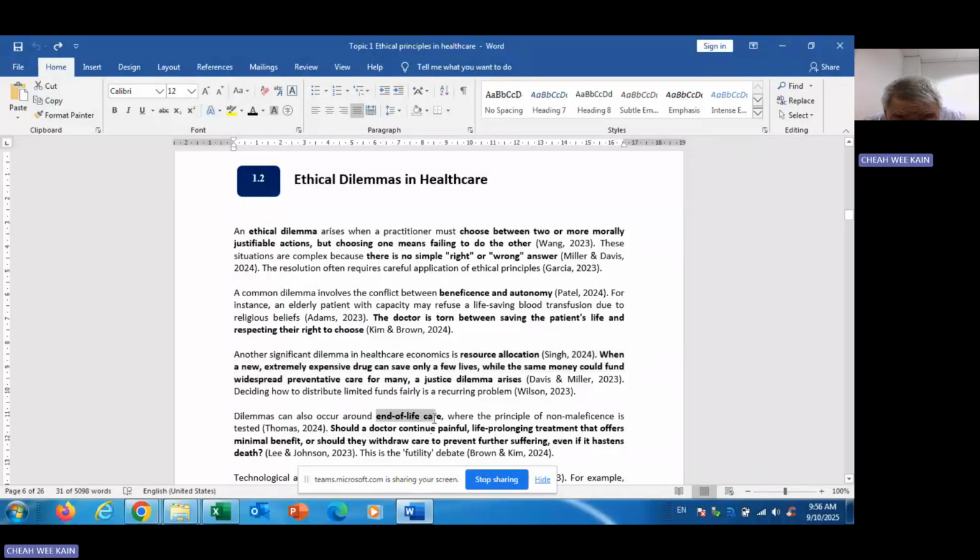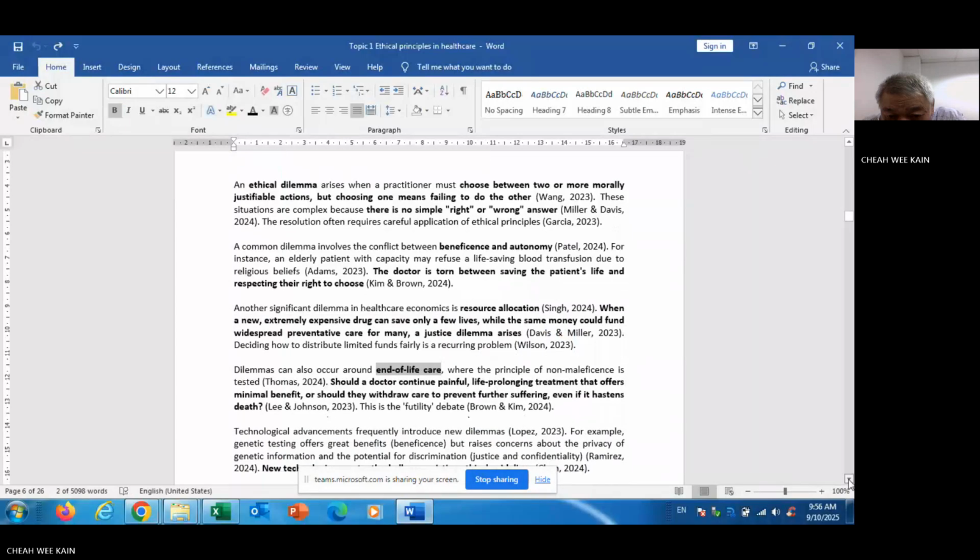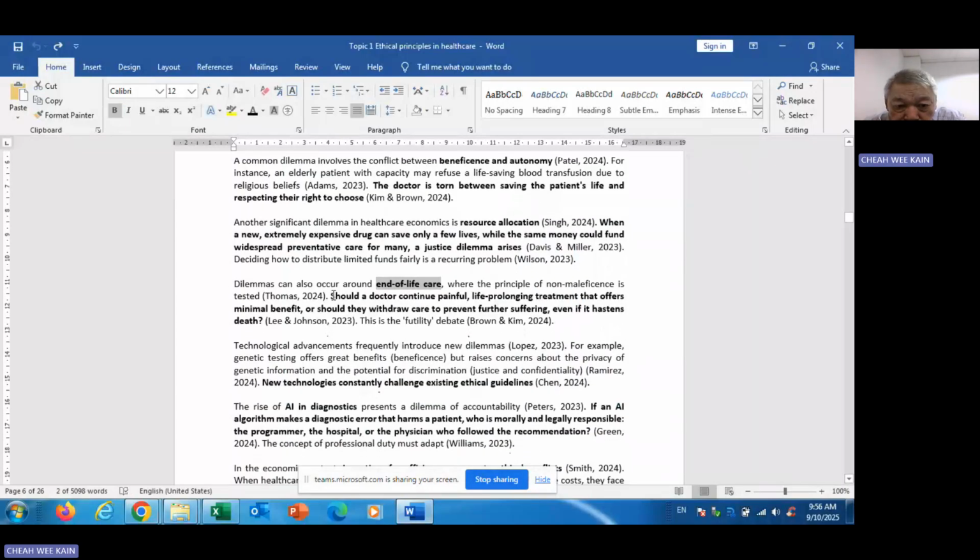now end of life care. Should the doctor continue painful life prolonging treatment that offers minimal benefit, or should they withdraw care to prevent future suffering, even with the patient's death? For example, you put a person, maybe his brain is dead already, he stopped functioning as a human being.